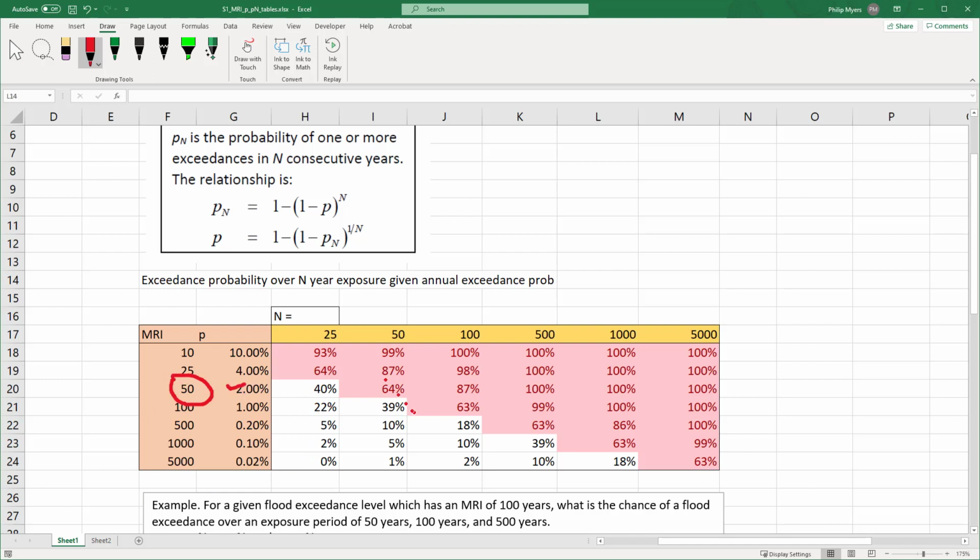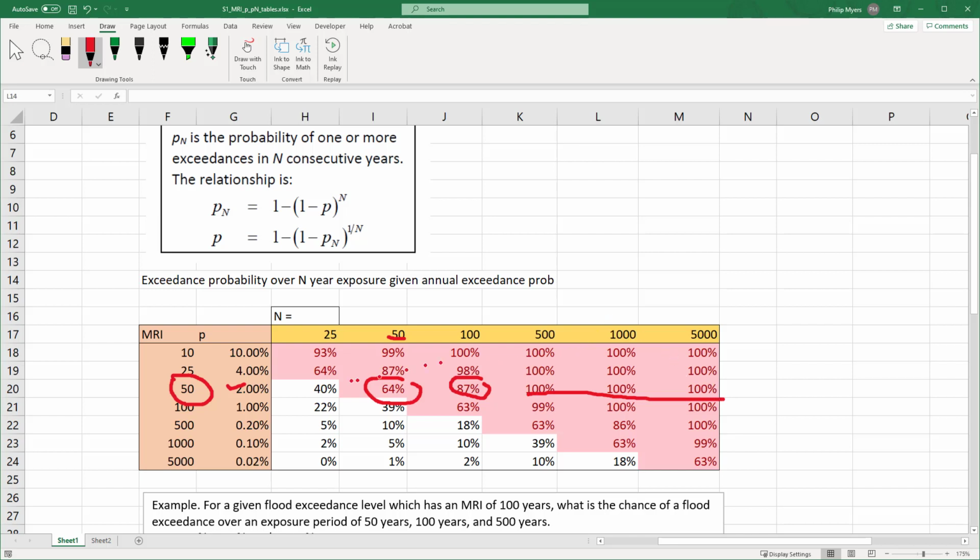We can just read across to n of 50 years. And what we see is that the exceedance probability over a 50-year period for an event that has an MRI of 50 years is 64%. For 100 years, it's 87%. For 500 and above, it's virtually certain to occur.